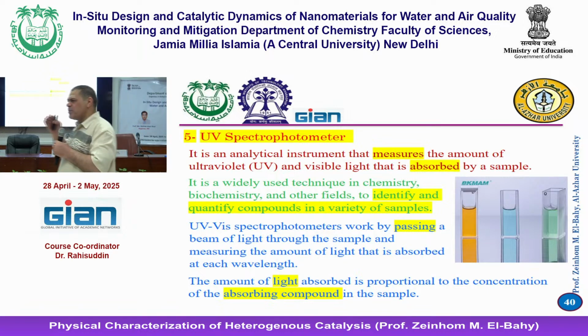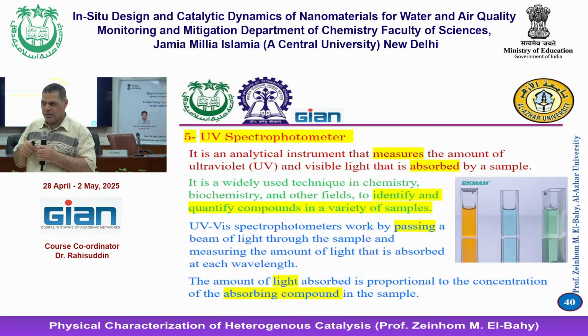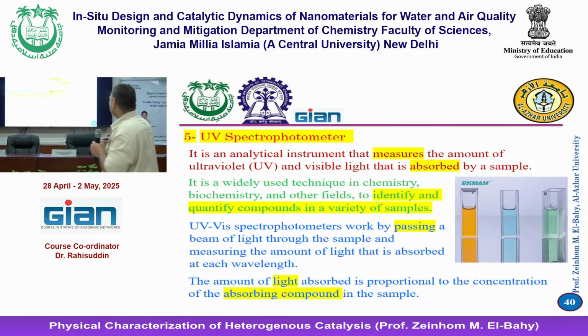Of course, the absorbed light depends on the material you are using and how many functional groups it has which can absorb this light. It identifies the quantity of a compound in a variety of samples. Quantity means the concentration. Of course, you can do it. It's a very simple experiment and a very simple technique.